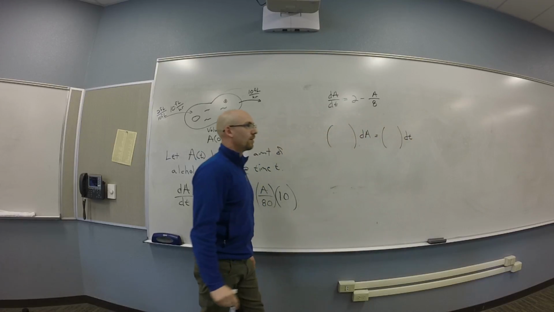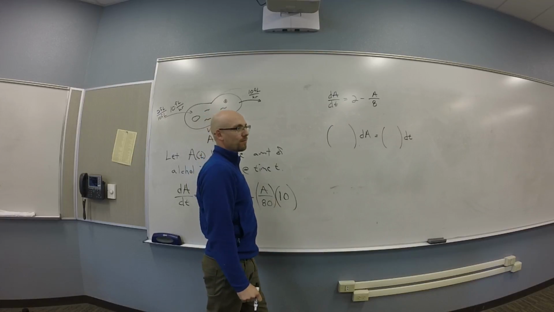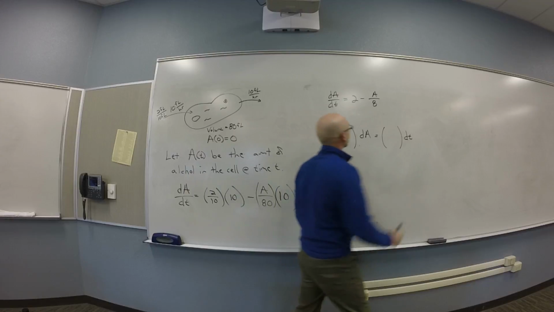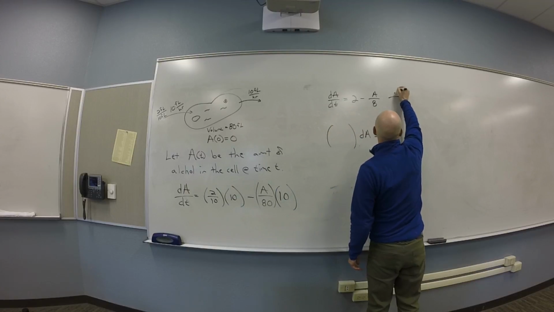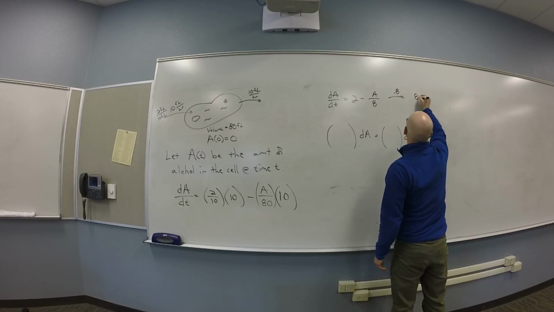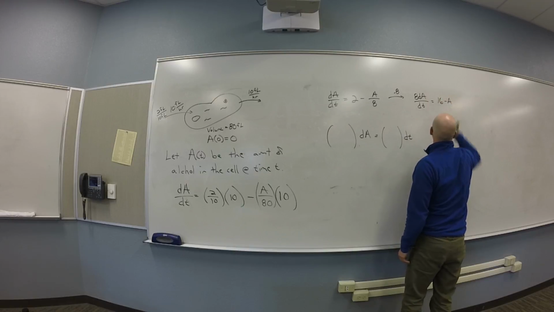So it wouldn't work then, because you're adding it. So yeah, you don't want to add the A over 8, but you could do this. This is what I'm going to do. I'm just going to take this whole equation and multiply it through by 8. So I get 8 dA/dt equals 16 minus A.